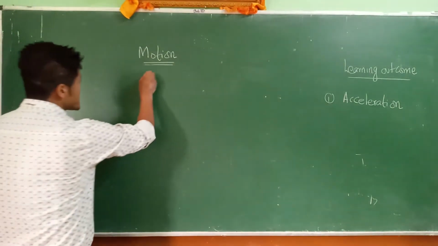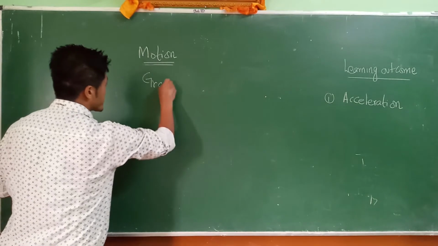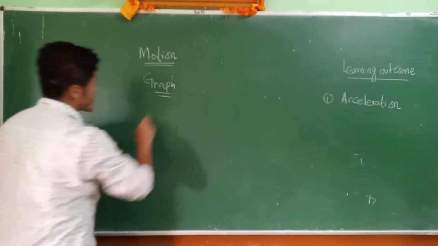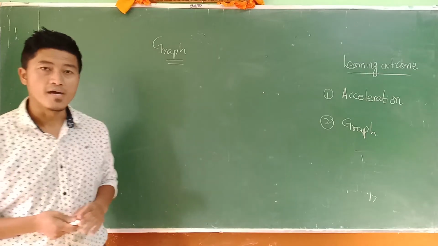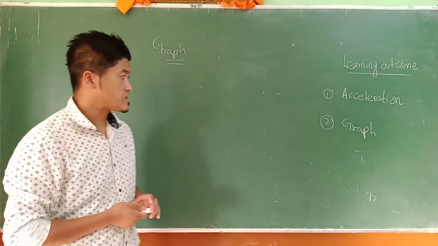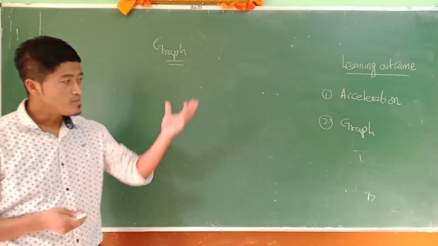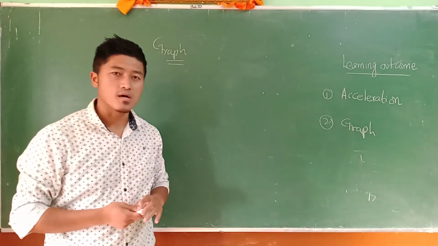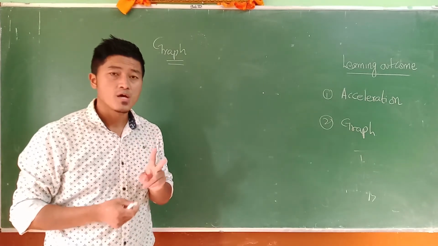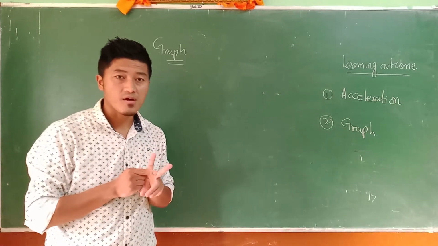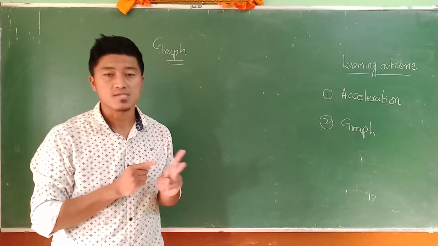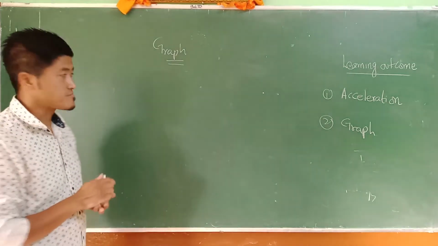Now talking in terms of graphs. So now we will talk about graphs. Normally in class 9 we discuss graphs in the form of two things. Number one is the distance versus time graph, and second is velocity versus time. So first we are going to talk about distance versus time.